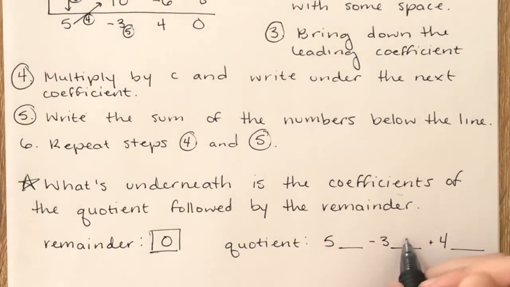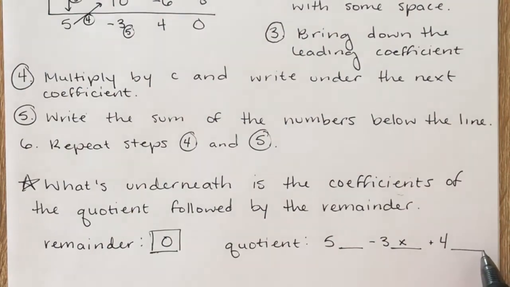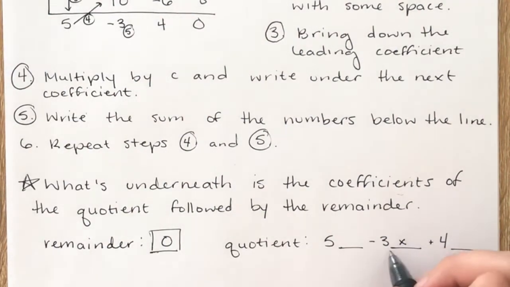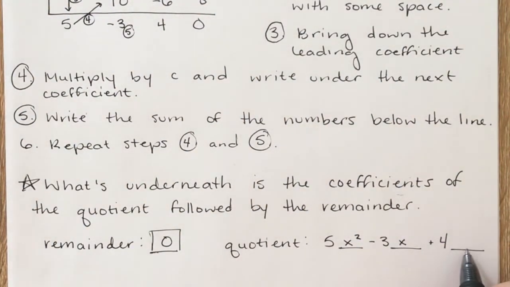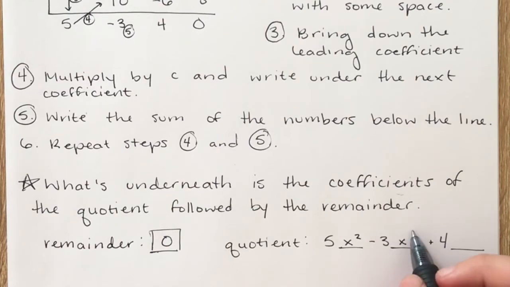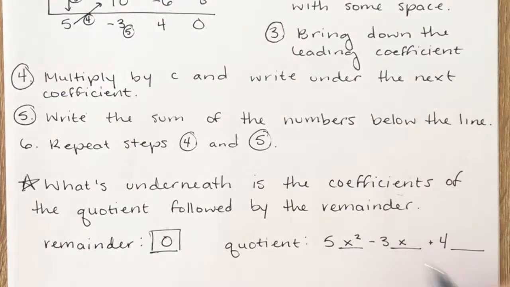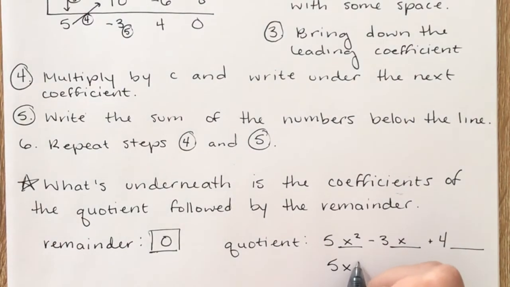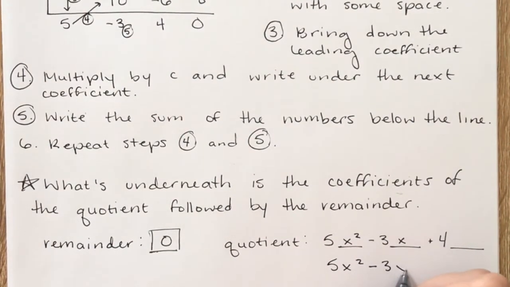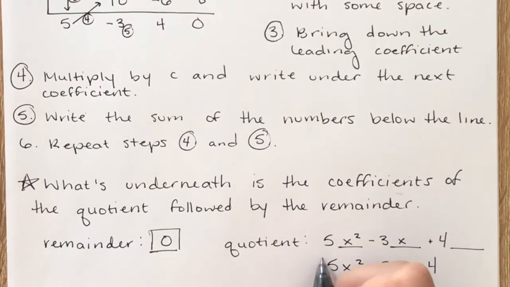Then our next term will be our x term, so we have negative 3x. And then our first term is going to be x squared. As we move along, we have higher exponents each time. We have x to the 0, which we never write, and then x to the 1, or just x, and then x squared. So our quotient is 5x squared minus 3x plus 4.